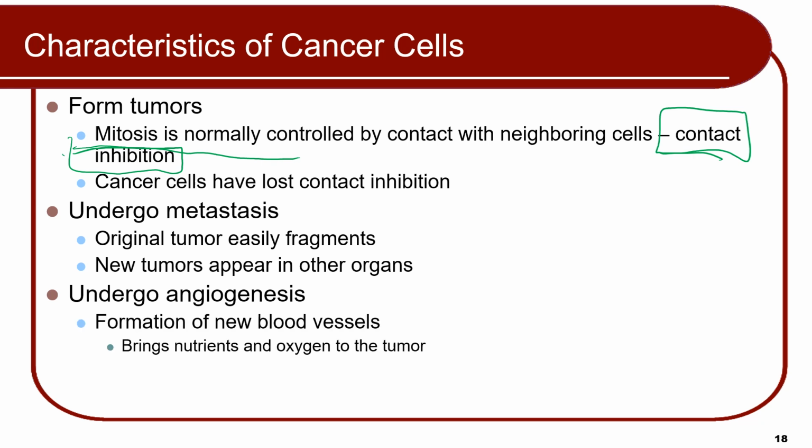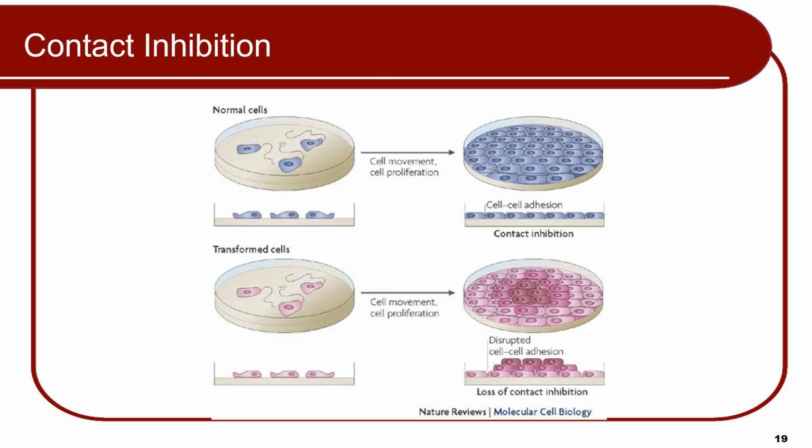Contact inhibition is when you grow cells, whether normal human cells, in vitro, which means out of the body, like in a petri dish or some type of flask. And so here's your cells, and they will divide until they fill up their space. And it seems that when they are all contacting each other, that's like a sign to them that we filled up our space, we stop dividing now.